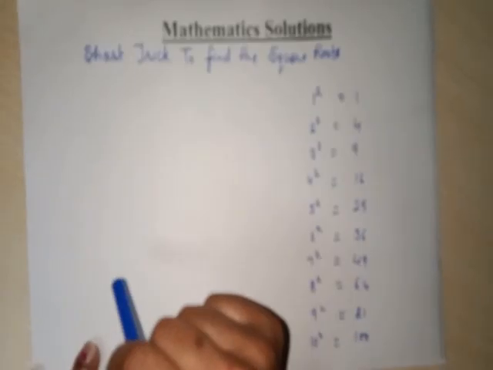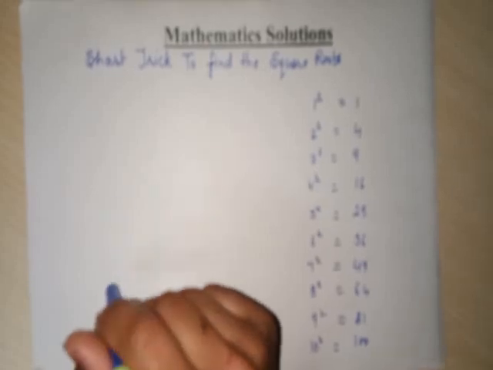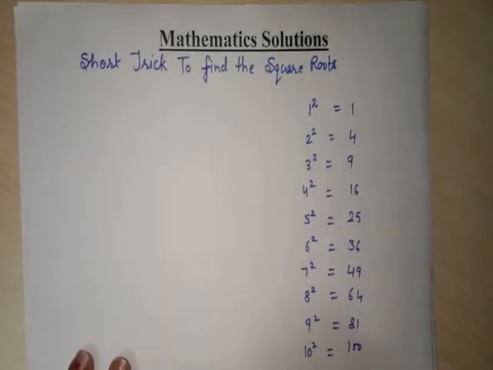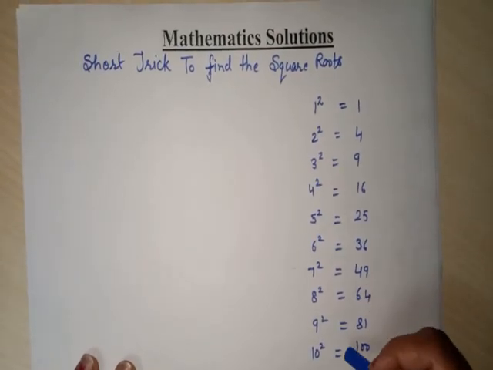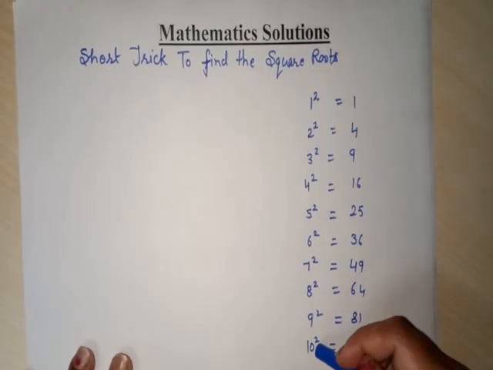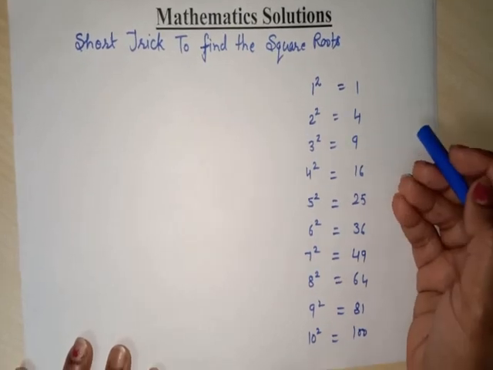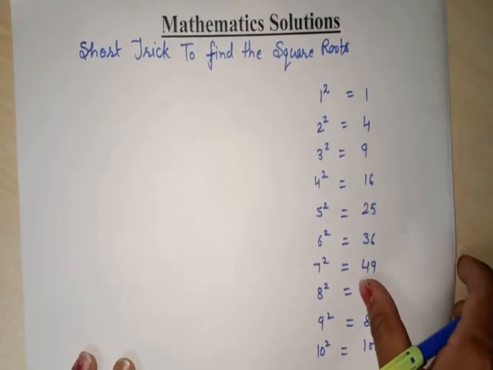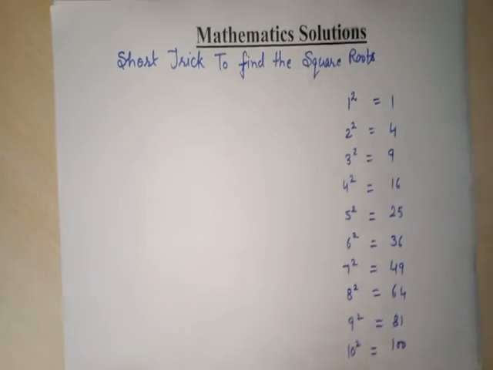If you want to find the square root of numbers with more than 4 digits, like 5, 6, 7 digits, then you need the squares of numbers greater than 10, like 11 square, 12 square, and so on. So let's start this short trick method.